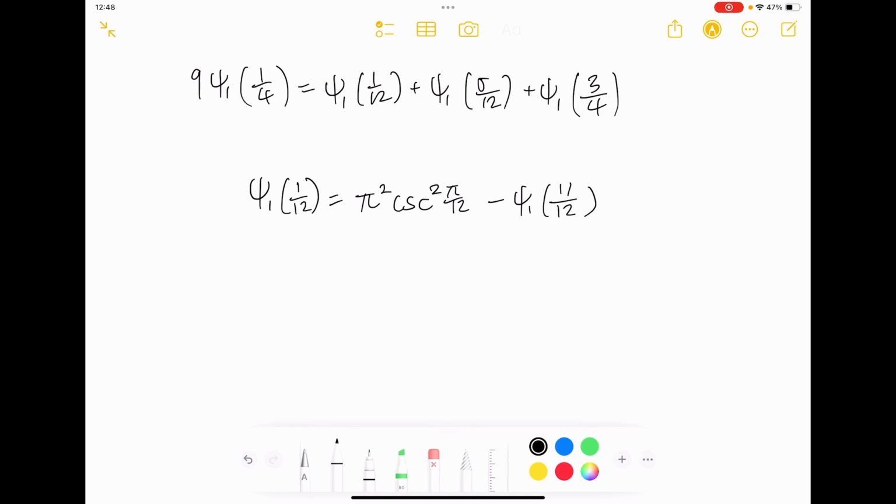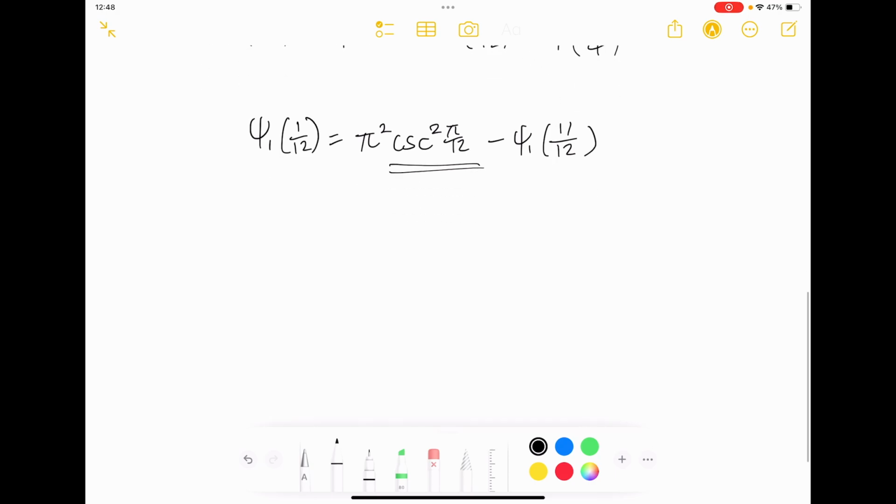So, yeah, let's just do it. This is going to be the slightly annoying bit. The cosecant function is the reciprocal of the sine function. So that's really 1 over sine squared pi 12ths. And that means it's 1 over 1 minus cosine pi over 6 divided by 2.